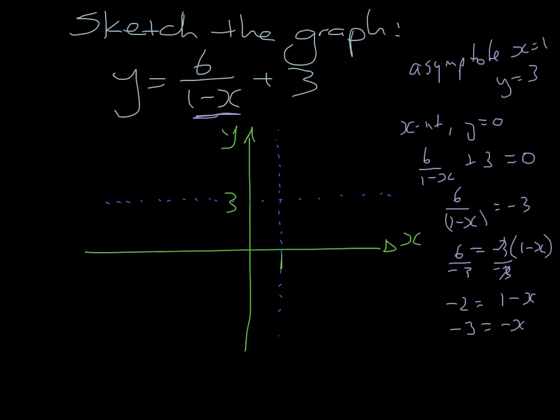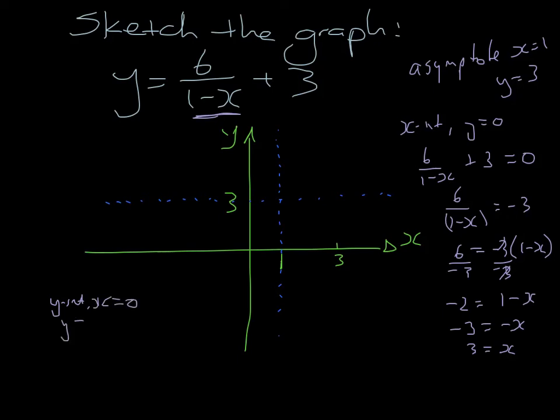Multiply both sides by negative 1, that gives us 3 is equal to x. So that tells us that on the x-axis, at x equal to 3, we will have an intercept there. And similarly for our y-intercept, we set x equal to 0.